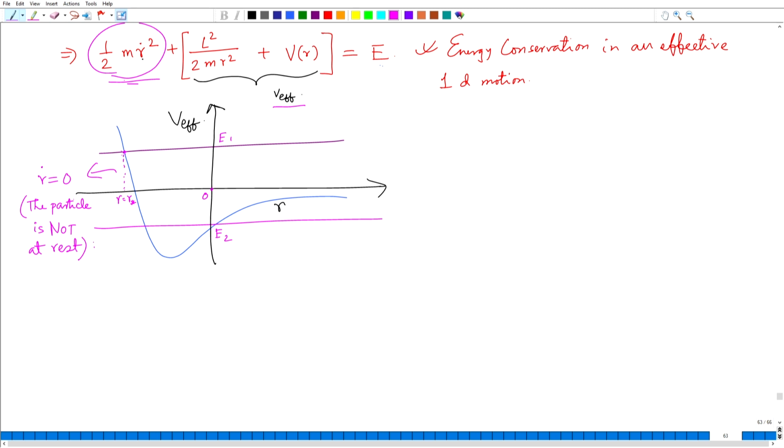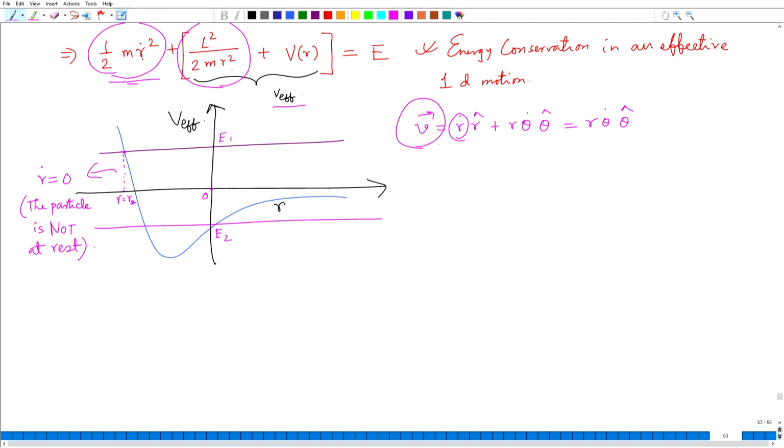because a part of the true kinetic energy belongs to the cross radial part, the part of the kinetic energy which came from the cross radial part of the velocity. The general expression for velocity in 2D plane polar coordinates is this, and if the radial part is 0 at the turning point, the velocity will simply be given by this.